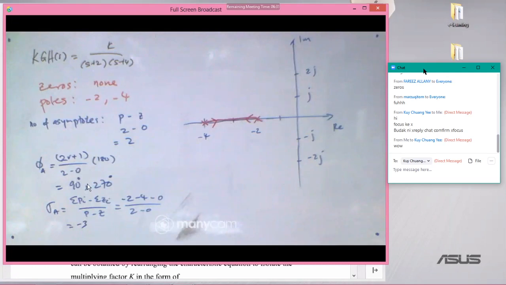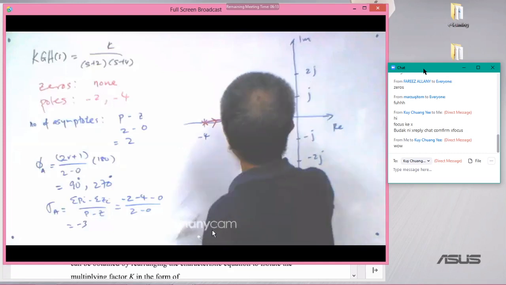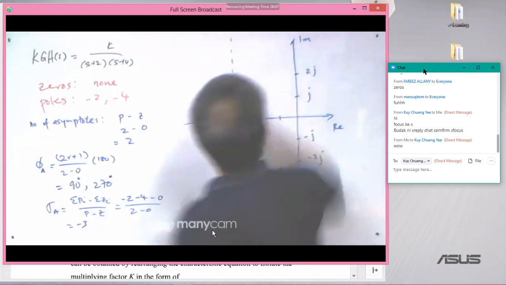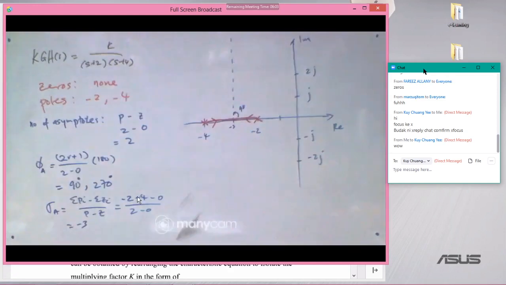And one of the angles is 90. So I'm going to draw the first asymptote line. The first asymptote line goes through -3 at an angle of 90 degrees. So that is our first asymptote line. The second asymptote line goes through the same intersection, but at an angle of -270.